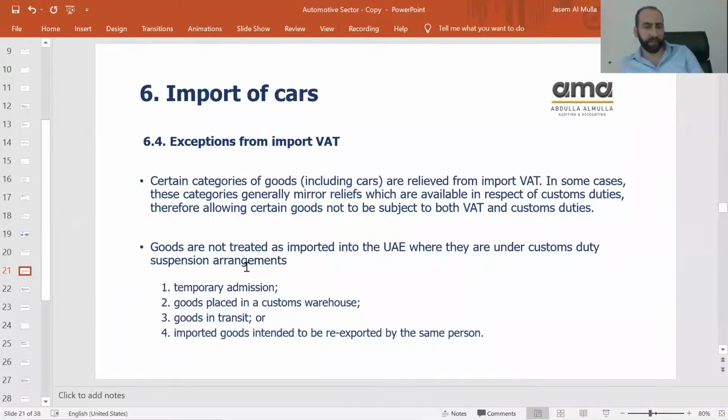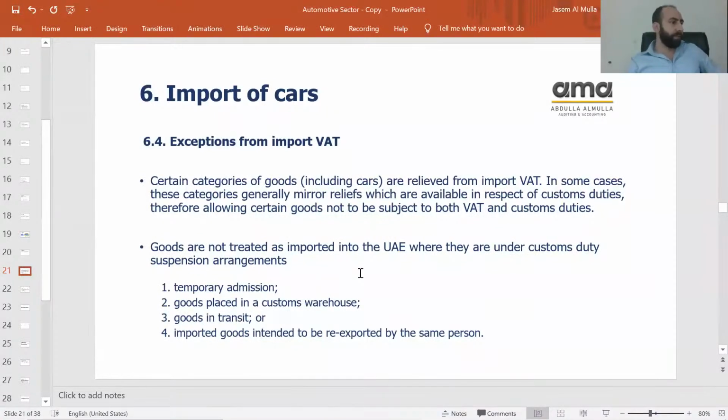Goods are not treated as imported in the UAE where they are under a customs duties suspension arrangement. For example, temporary admission, goods placed in a customs warehouse, goods in transit, imported goods intended to be re-exported by the same person.